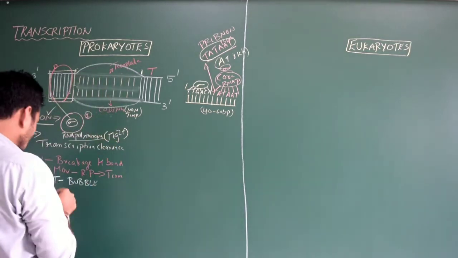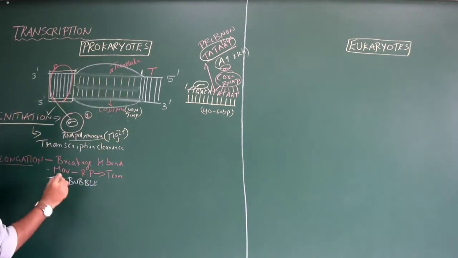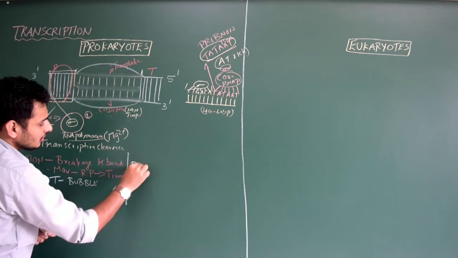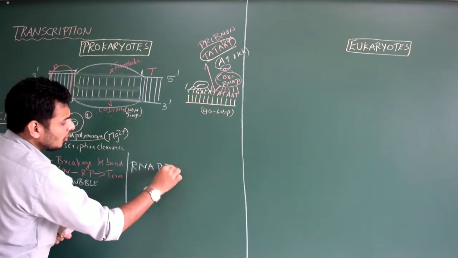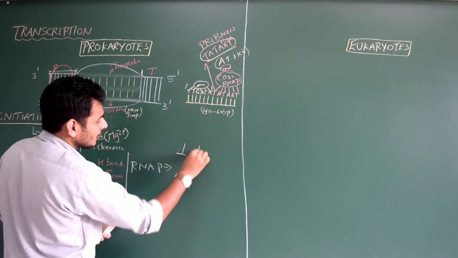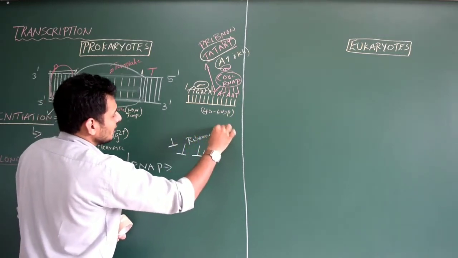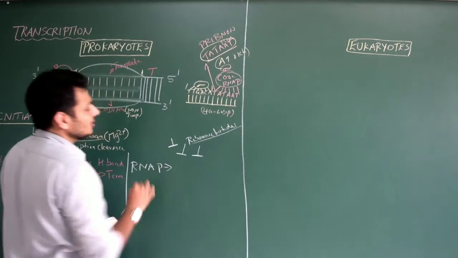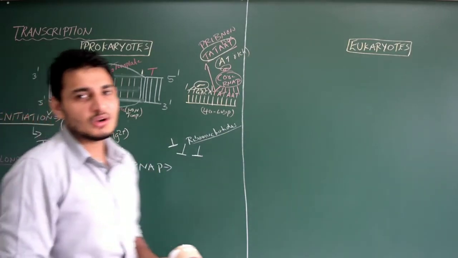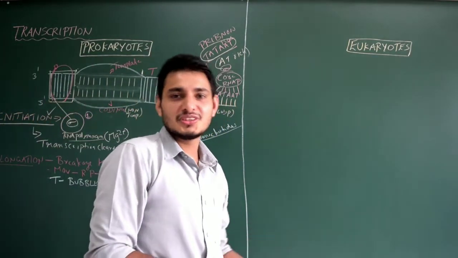Now in the elongation process, what's going to happen? The RNA polymerase will bring ribonucleotides. I'm telling you that it will bring ribonucleotides, not deoxyribonucleotides, because it's going to synthesize RNA.